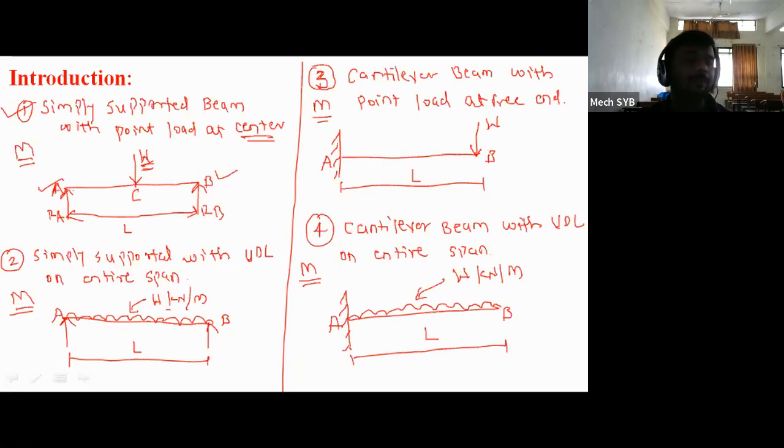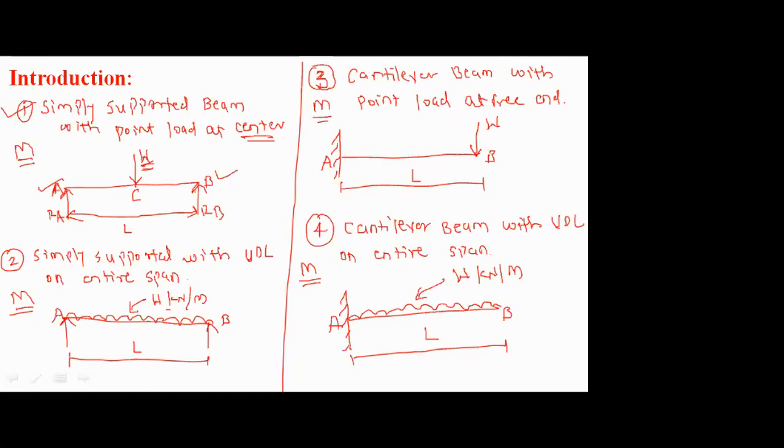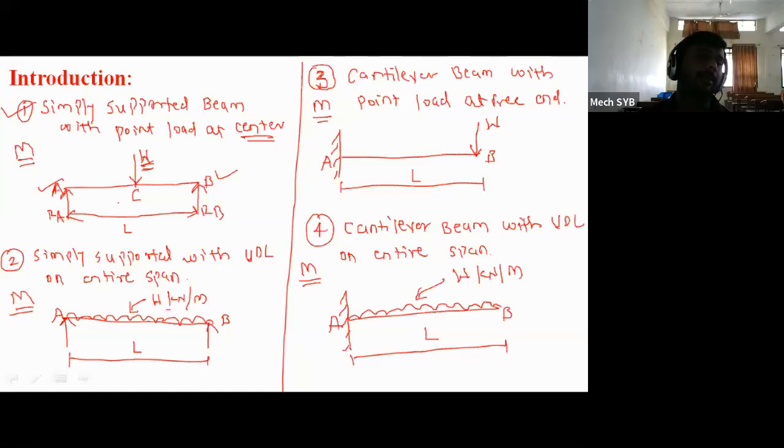Now, please tell me, if you look at figure number 1, what will be the bending moment at point A and what will be the bending moment at point B? 0. Bending moment at point A and bending moment at point B is equal to 0. Why?